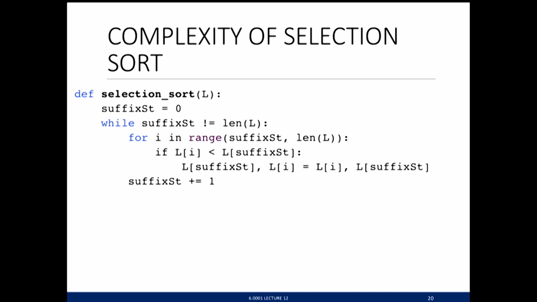I'm going to loop over everything from that point to the end of the list, comparing it to the thing at that point. If it's less than, I'm going to do a swap, because I want to move it up. And you can see by the time I get through this loop, I will have found the smallest element in the remainder of the list, and I would have put it at that spot, whatever suffix start points to.